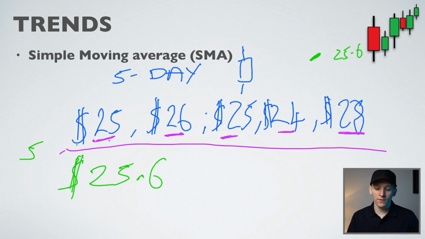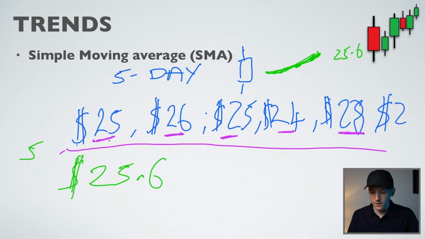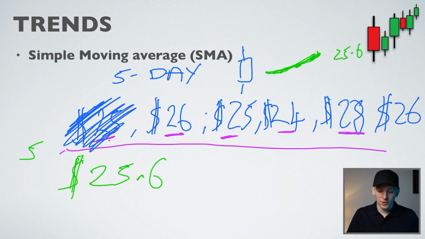Now the previous line may have been lower, and so what you'll get is obviously that plotted and then a line drawn between them, and that's the moving average, and it smooths out all of the moves. Obviously the next day what would happen is that essentially, let's say this is $26 right here. Okay, so what would happen is that this one gets cancelled out, and then you just move on the average. That's why it's known as a moving average.